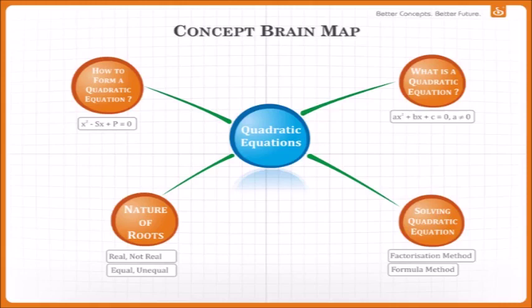A quadratic equation can be formed as x square minus sx plus p is equal to 0, where s is the sum of roots and p is the product of roots. Then nature of roots. The nature of roots will depend on the value of the discriminant. That is, the roots could be real, not real, equal, unequal, depending on what the discriminant is.